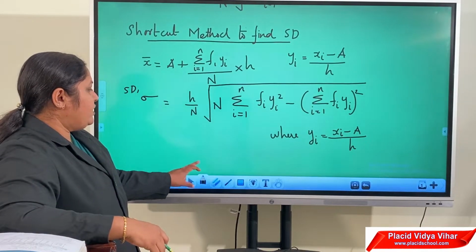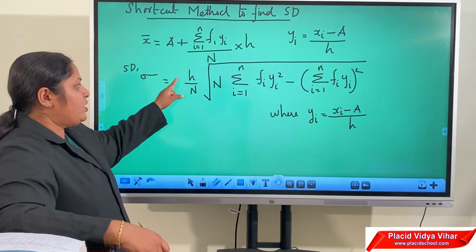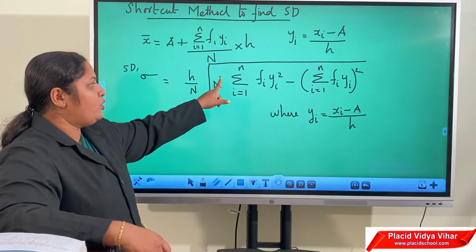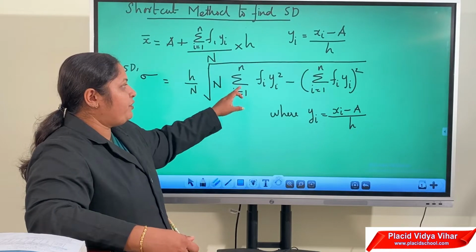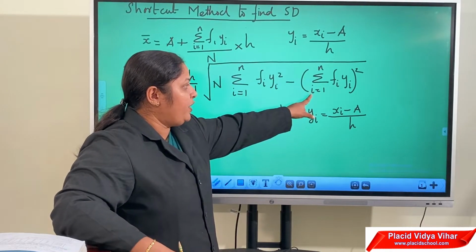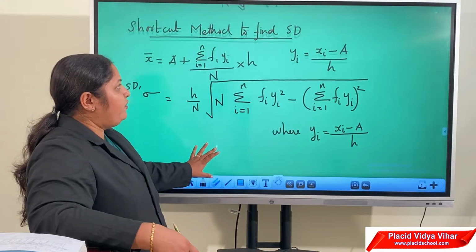Then the standard deviation using the shortcut method is given as h by N, where h is the interval width, into the square root of capital N into the sum of i from 1 to n, fi yi square minus the sum of i from 1 to n, fi yi the whole square. These two formulas are very similar.